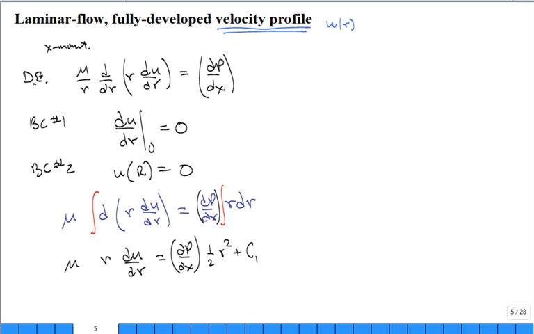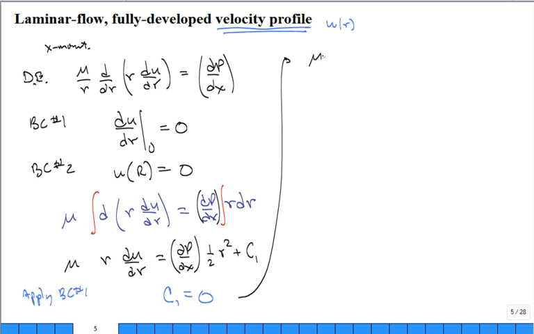We apply the first boundary condition. Boundary condition number 1, what does it give us? C1 is 0. Let's continue. So now we're going to separate again.